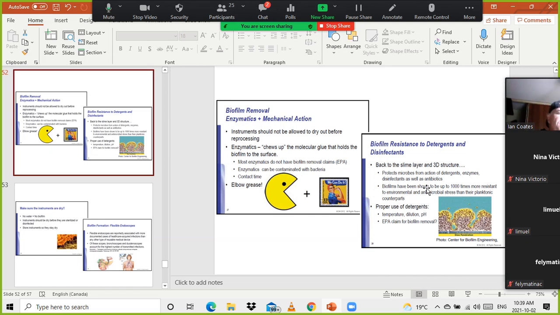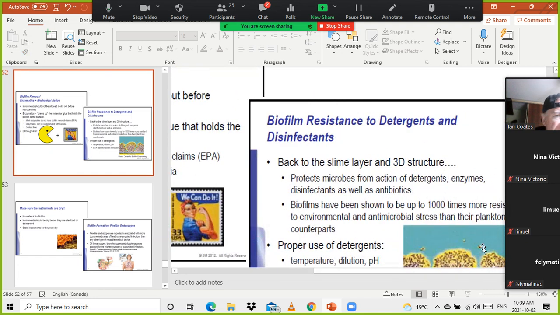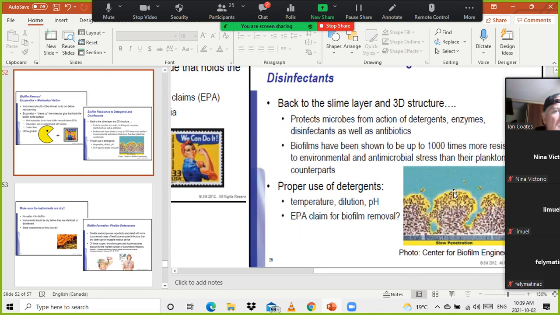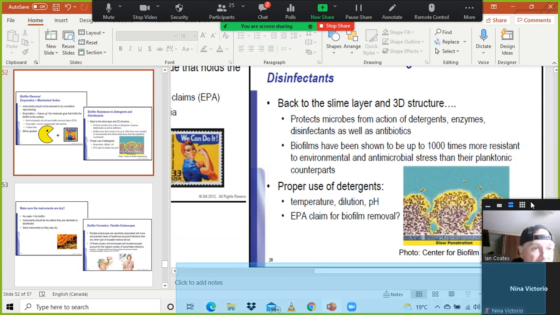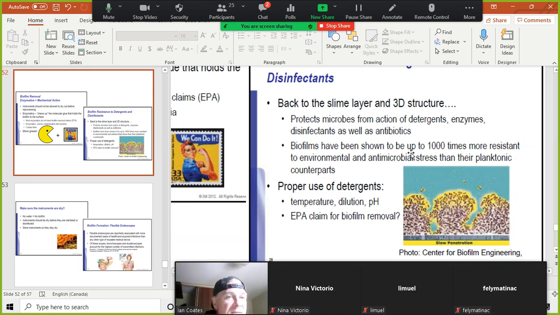Biofilm resistance to detergents and disinfectants, of course. Back to the slime layer and 3D structure here. This protects the microbes from the actions of detergents, enzymatic disinfectants, as well as antibiotics. These biofilms have been shown to be up to 1,000 times more resistant.